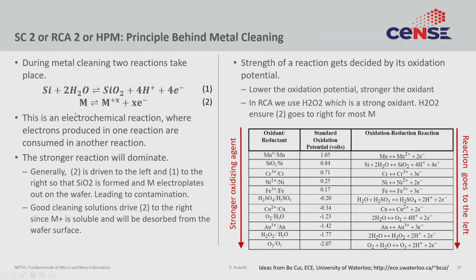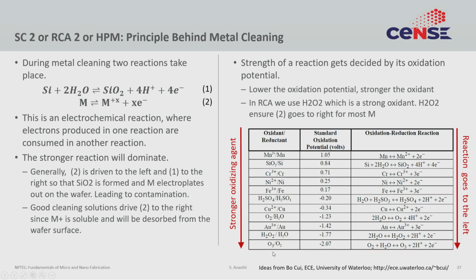Now, in order to prevent the metal from forming on top of the surface, you need to add some other reagent, which is what the cleaning reagent is. For example, when you add hydrogen peroxide, if you look at its standard oxidation potential, it is fairly deep, it is very low. What that means is it's a very strong oxidizing agent. That oxidizing agent will oxidize everything that is above it in the standard oxidation potential table.